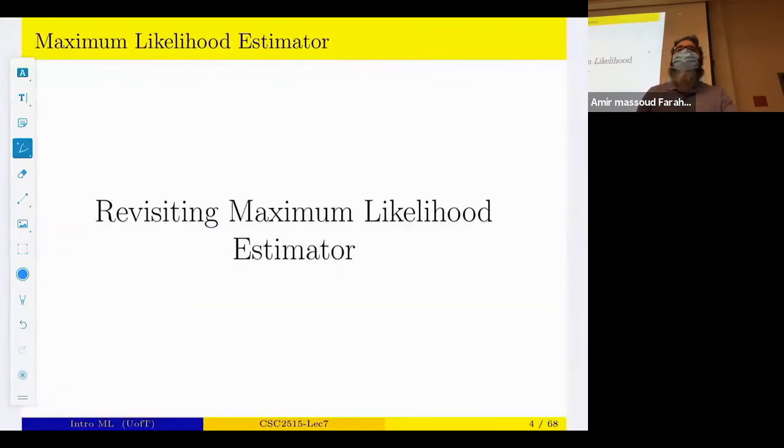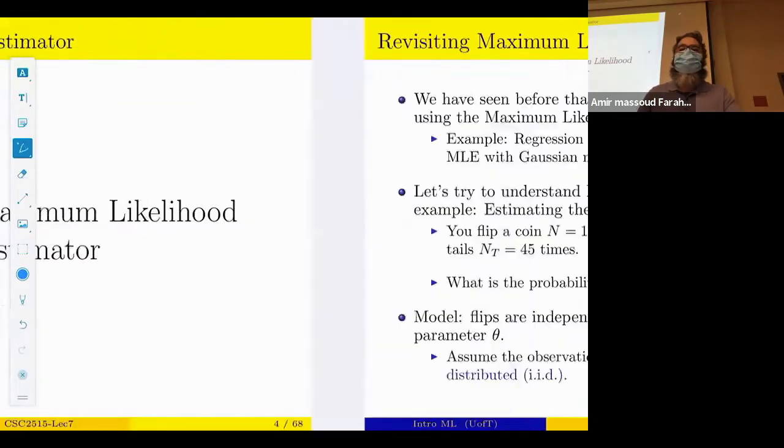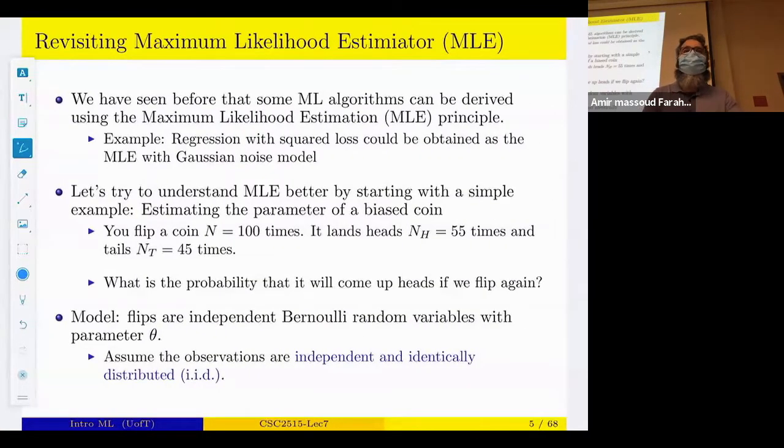So let's look at maximum likelihood estimation. We had seen it before in the context of regression with linear models, when we said that the squared error we get in regression can be seen as coming from a specific probabilistic model, a Gaussian noise model, and doing maximum likelihood estimation.